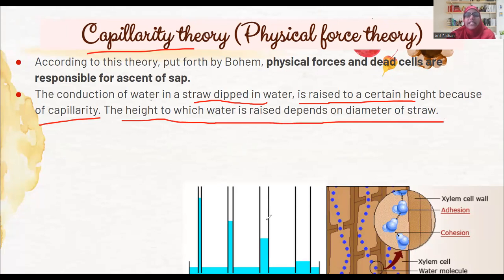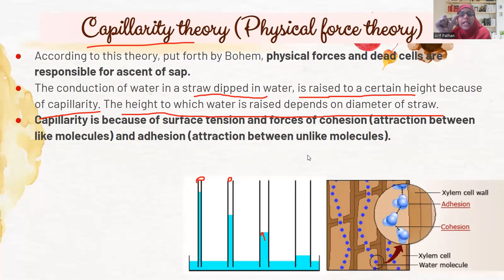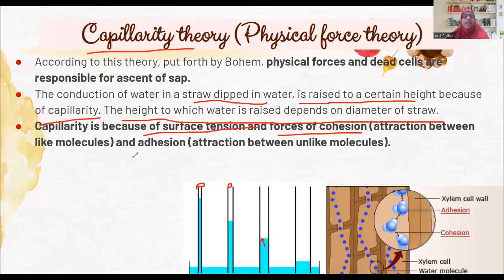The thicker the diameter of the capillary, the less the water will rise. This capillarity is because of the physical forces acting: surface tension and the force of cohesion and adhesion between the water molecules. In the very first video we talked about cohesion and adhesion, but we will do it again here. What is cohesion?